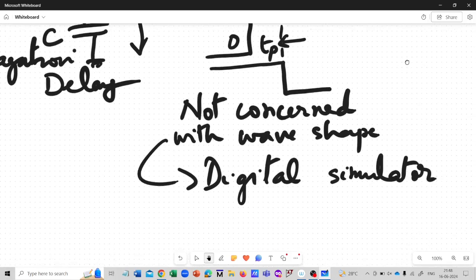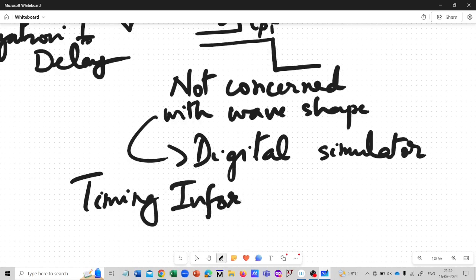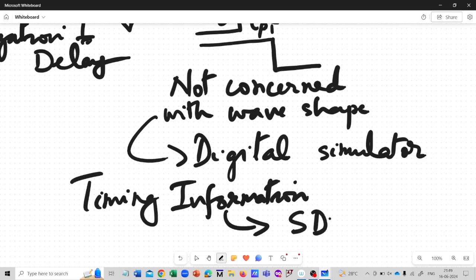In fact, the digital simulators extract the timing information from the libraries. When you are synthesizing an HDL model to a target platform like an FPGA or an ASIC library, the timing information is provided by the vendor of the ASIC library. And the timing information is usually provided in a format called the standard delay format.